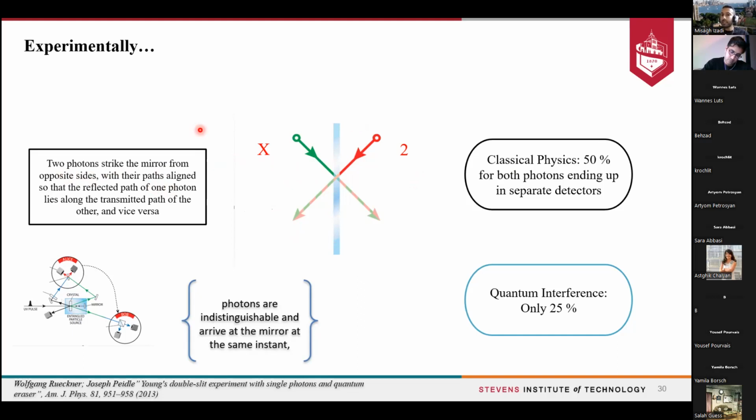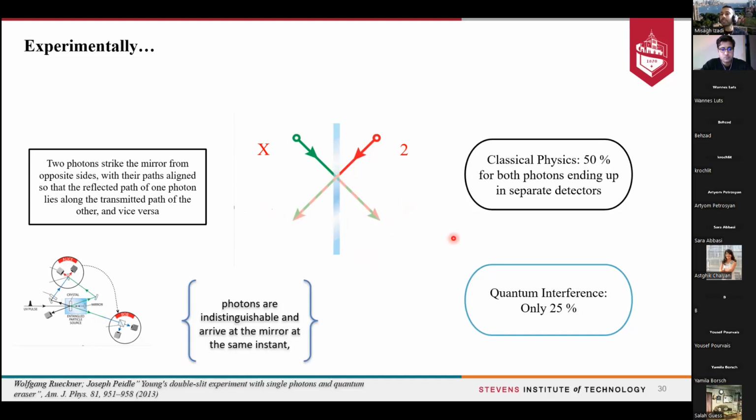Classically, in classical physics, it makes sense that there are four possible situations, considering reflection and transmission. I mean where these photons end up after being reflected or transmitted. You have four possible situations classically, right? But quantum mechanics is different. If you make sure that the photons are indistinguishable and the arrival time doesn't matter for them, you can make sure that quantum interference happens at this point.